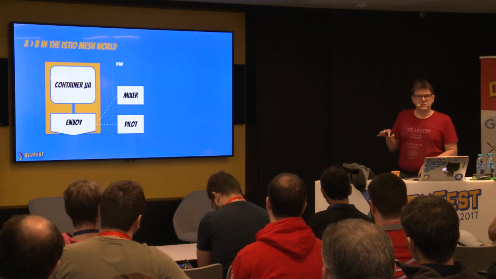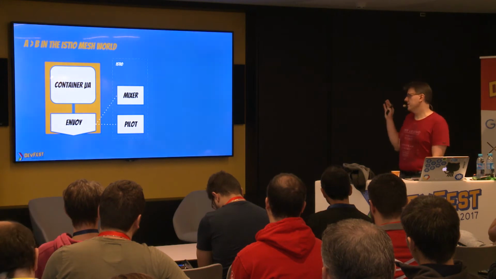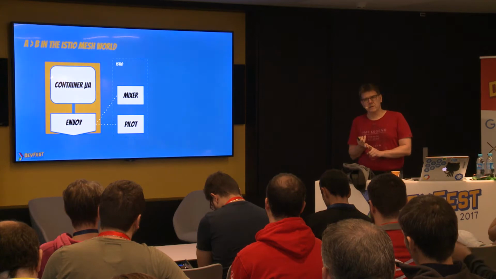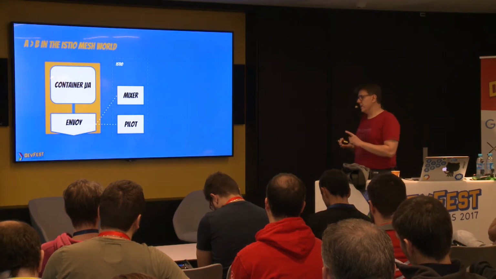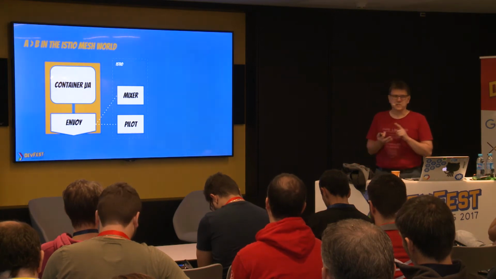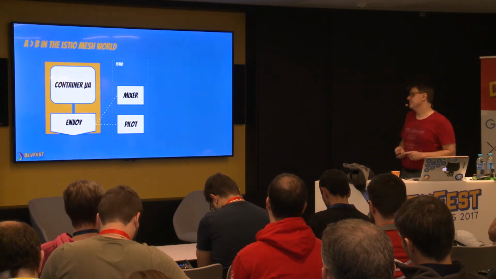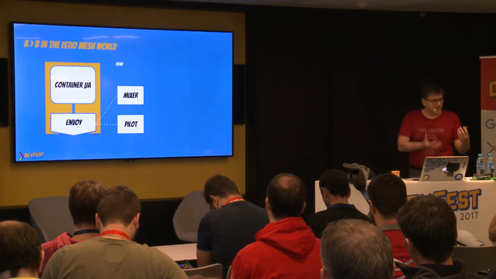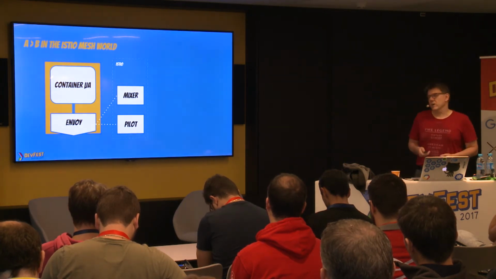In this version, 0.2, it supports HTTP, gRPC, and now with the new version it also recognizes Mongo and Redis. So it actually knows the protocols, intercepts, and gets information out of there.